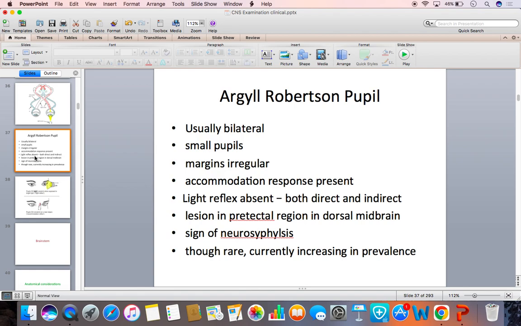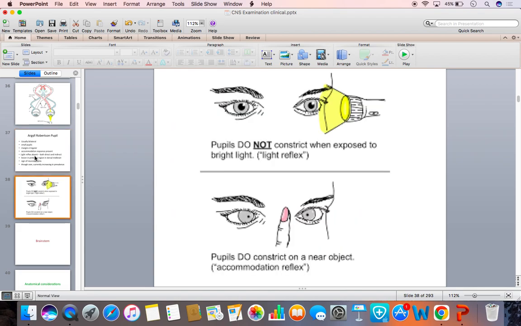Where is the center of the lesion? It is in the upper midbrain, causing damage to the pretectal nucleus. So that is the reason why accommodation reflex is present, and light reflex is absent, both direct as well as indirect. Look at this picture. It shows the eyeballs, pupils not responding to light.